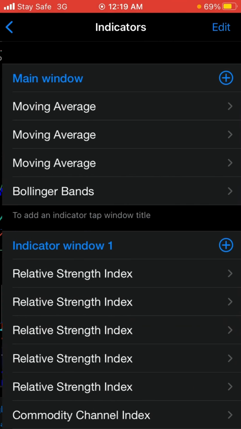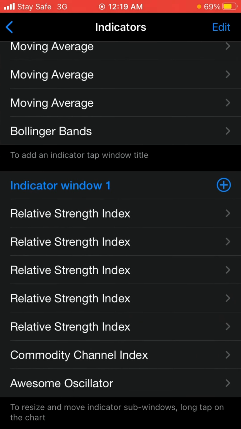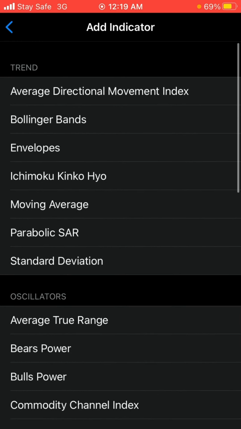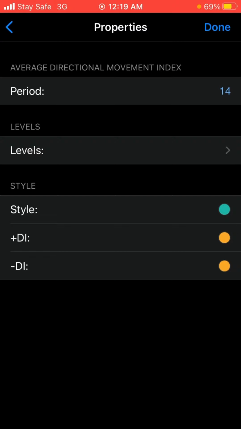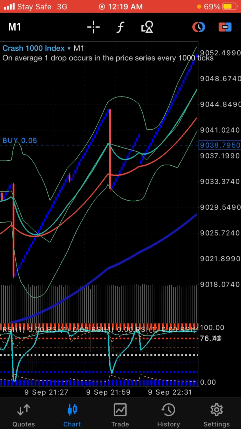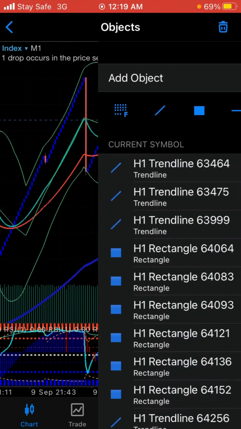Click done. Next thing we are adding here is our Average Directional Movement Index. Screenshot and set yours up. Click done.